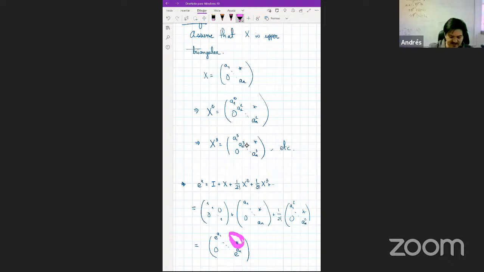Here, I have no idea, but in the diagonal, I have precisely the exponentials of the values of the diagonal of x. So e to the x is an upper triangular matrix, and I know what the values are on the entries of the diagonal. Okay?